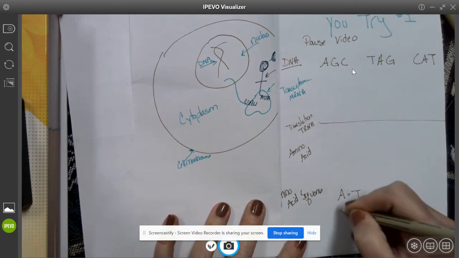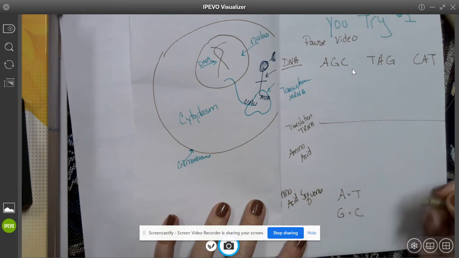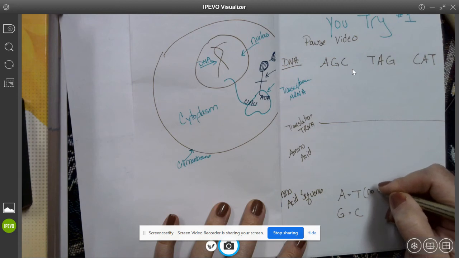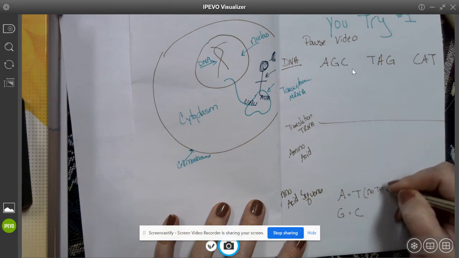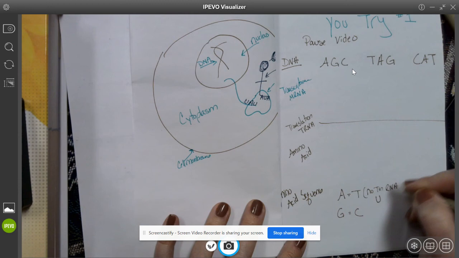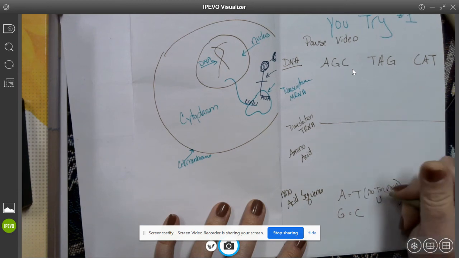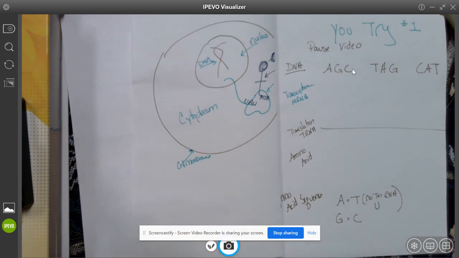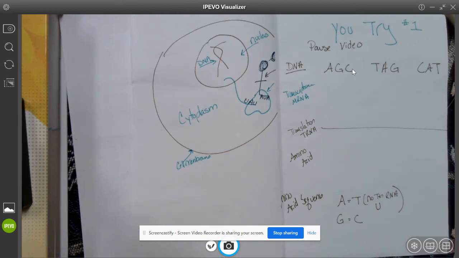A goes with T, G goes with C, unless your RNA. No T's in RNA. We use a U instead. So pause the video and go through this sequence.